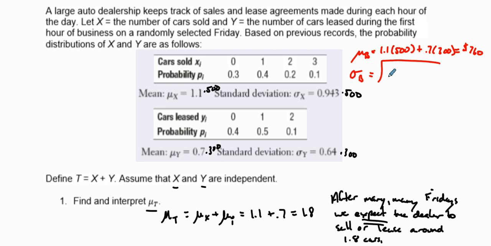Our standard deviation is the square root of the sum of the variances. So we're going to take 0.943 times 500 and square that, and add that to our other variance, which is 0.64 times 300 squared. We put that in our calculator, so you can try this out. Make sure you put parentheses around all those different things.